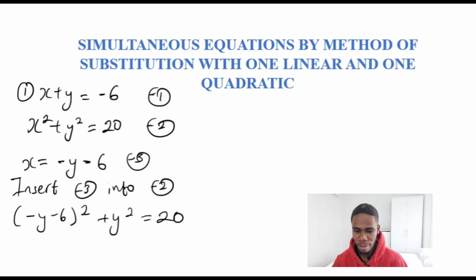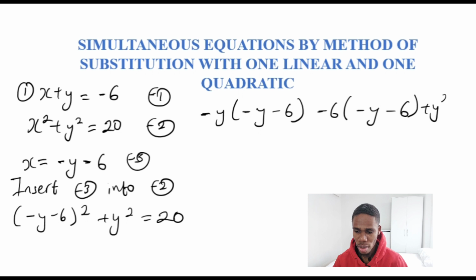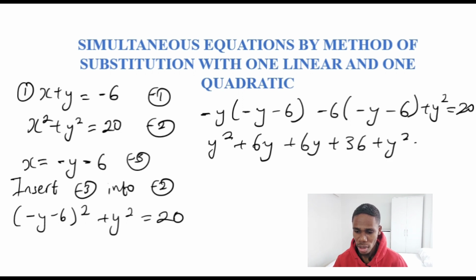Expanding gives us minus y into bracket minus y minus 6, minus 6 into bracket minus y minus 6, plus y squared equals 20. We have y squared plus 6y plus 6y plus 36 plus y squared equals 20.